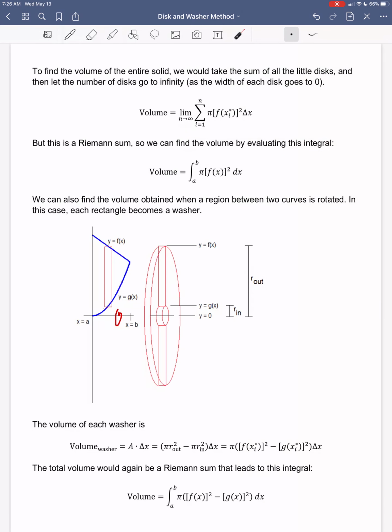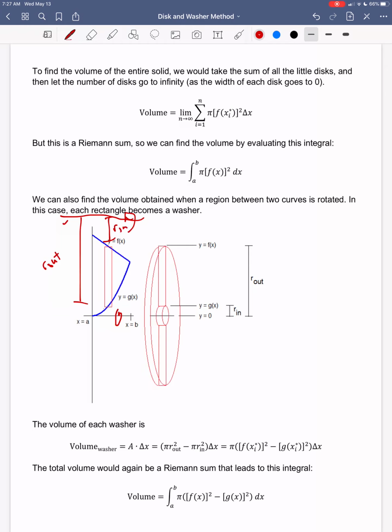Well, if I was rotating this rectangle about a line, for instance, up here, then the outer radius is going to be this distance. Oh, that's messy. And the inner radius would be this distance.